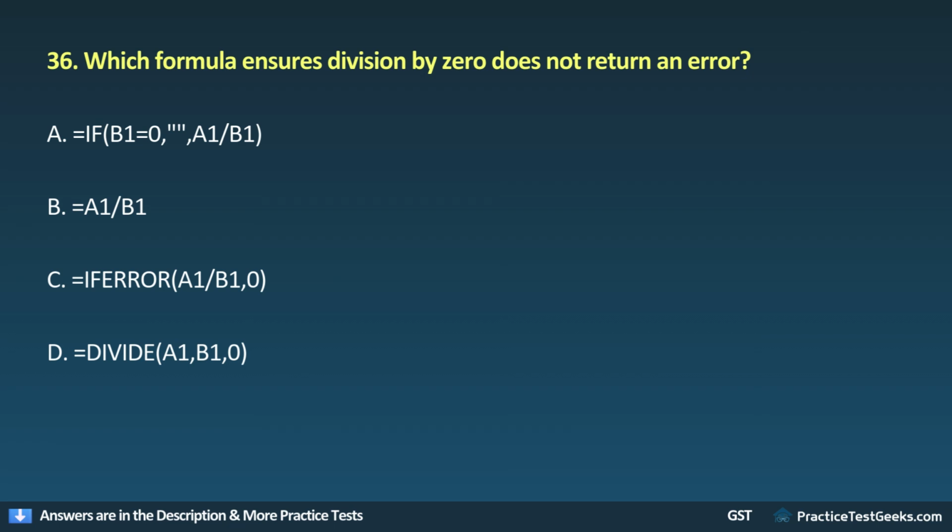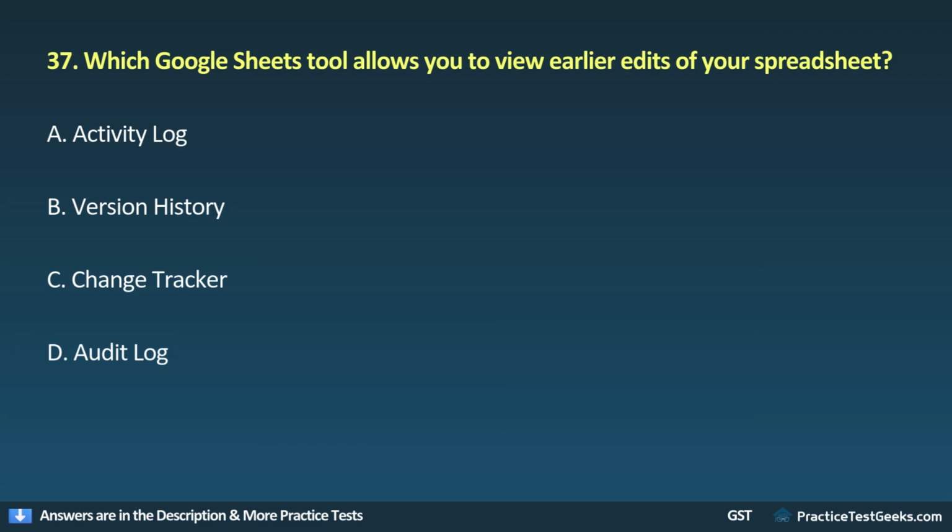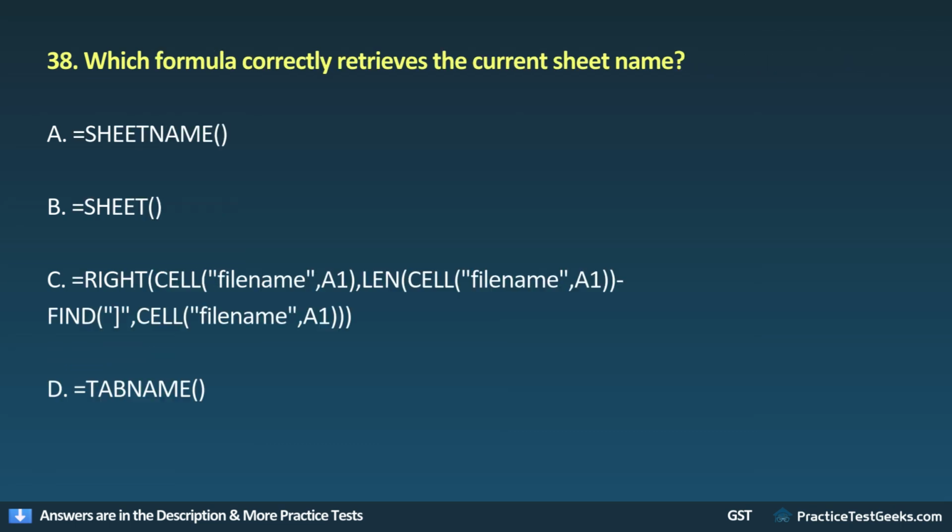D. =DIVIDE(A1, B1, 0). 37. Which Google Sheets tool allows you to view earlier edits of your spreadsheet? A. Activity log. B. Version history. C. Change tracker. D. Audit log.